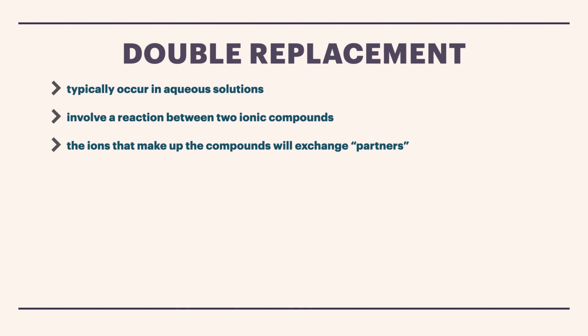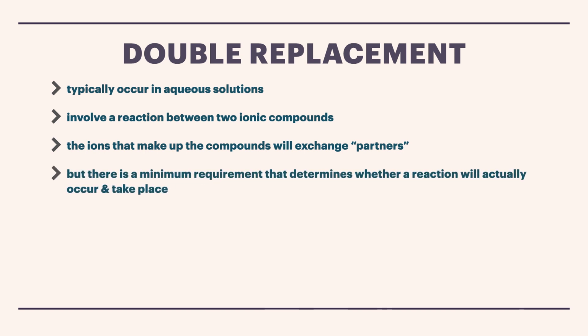But for double replacement reactions to happen, certain things must take place. Otherwise, you just end up with a mixture of a bunch of ions in water. And so there are certain minimum requirements that would have to be met to know in your prediction whether that really reflects what happens in reality.